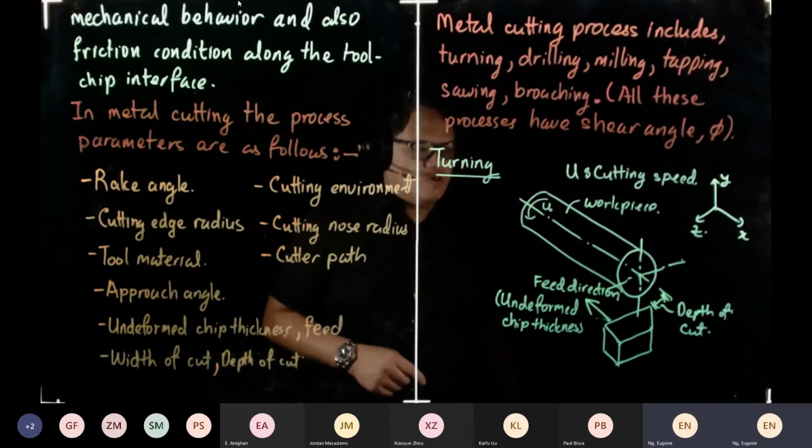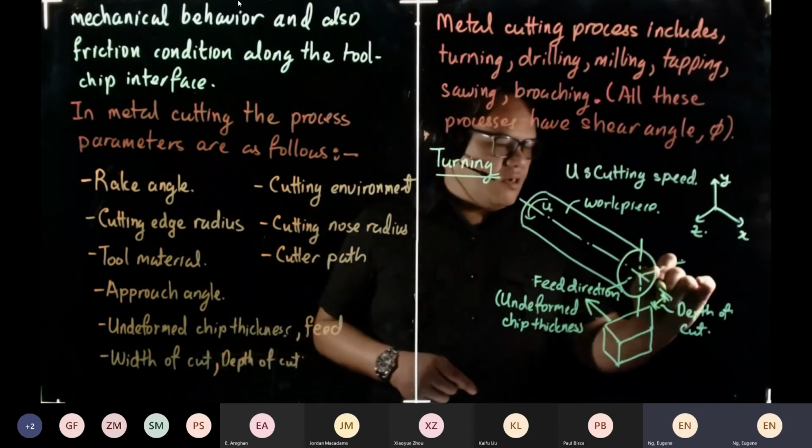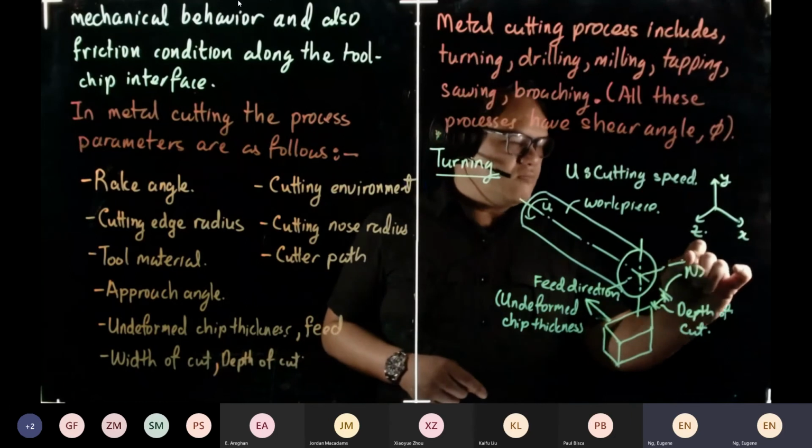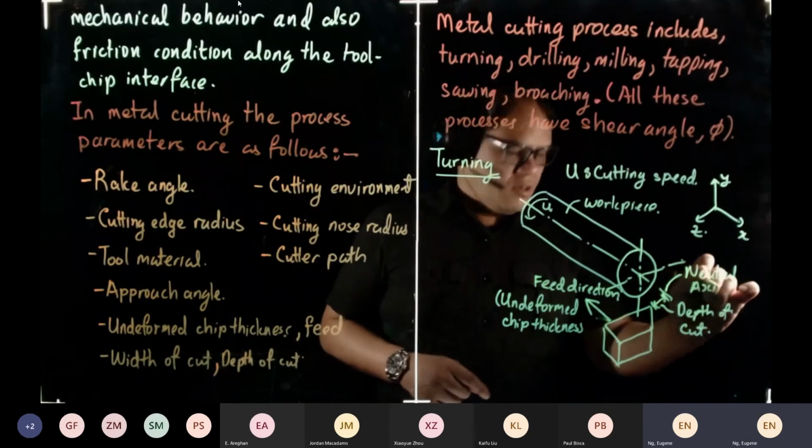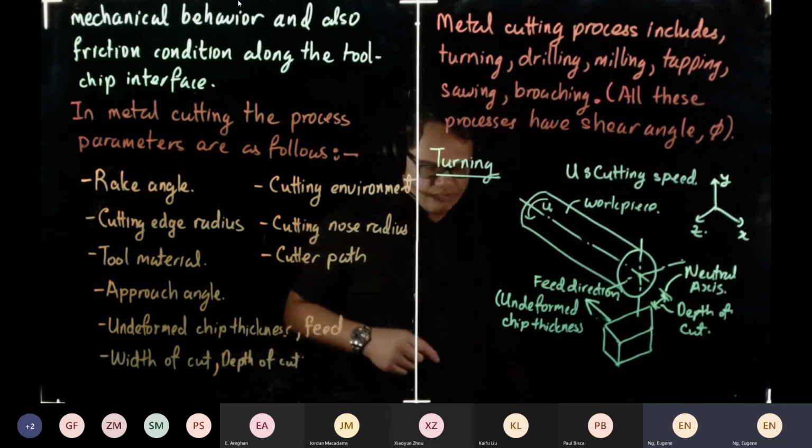The axis that I've just drawn down here is known as our neutral axis. Everything is rotating, but the neutral axis is not rotating.